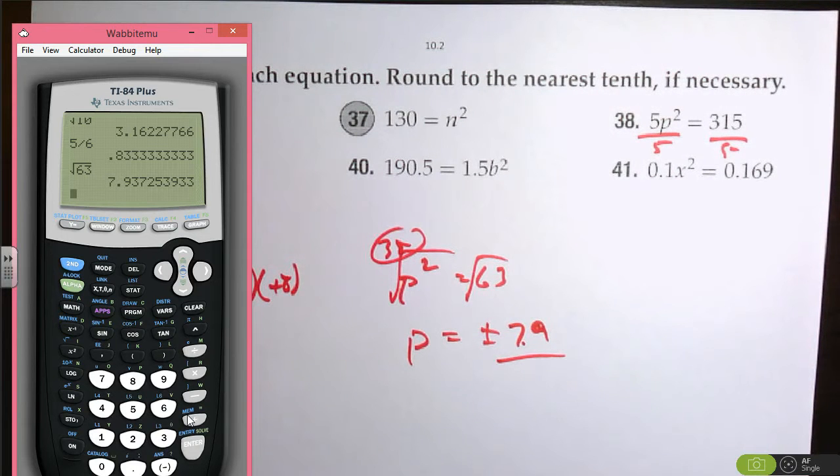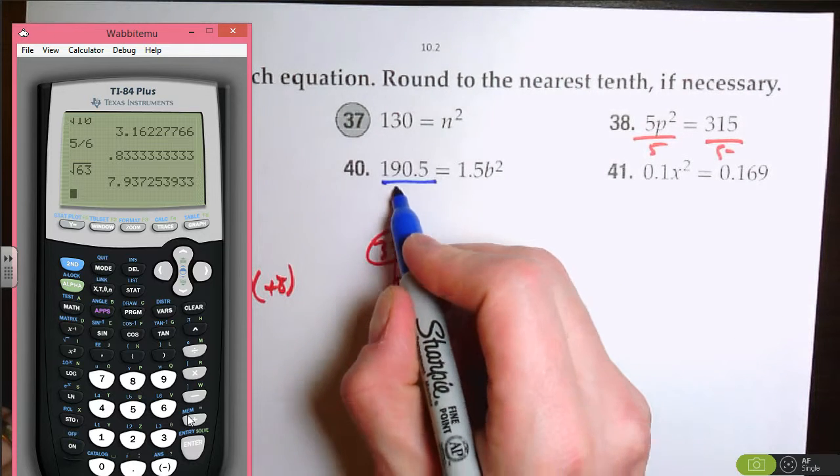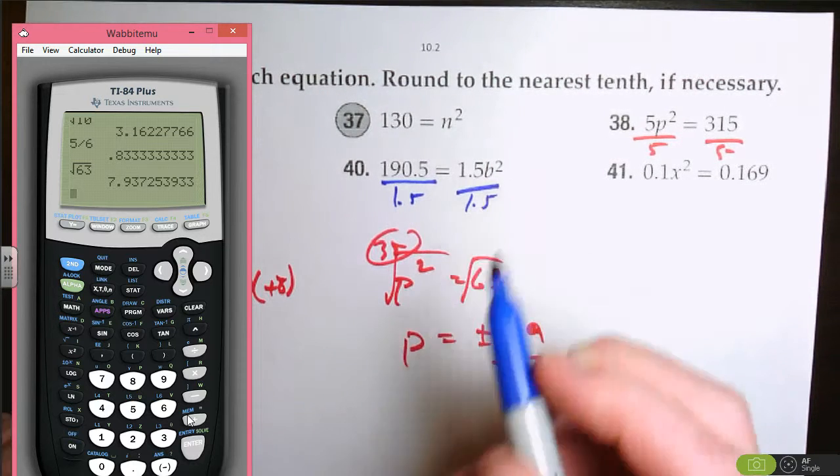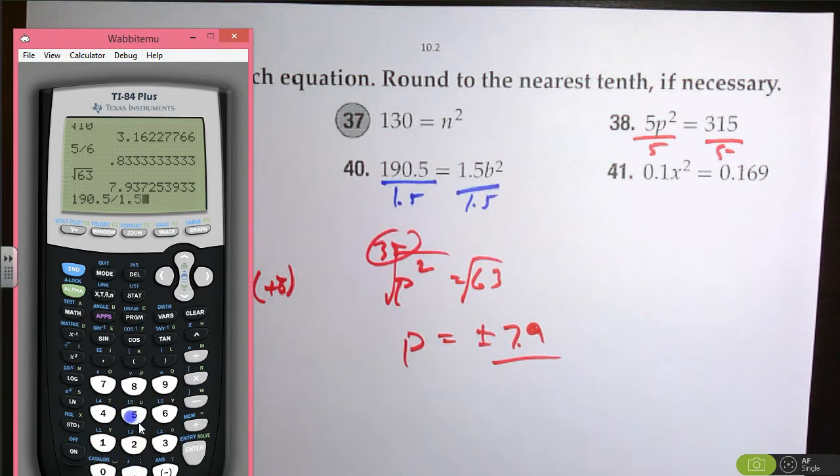And then 40. If we look at that one, same thing. First thing you do in 40 is divide by 1.5. I don't even want to try to pretend like I know what that is off the top of my head. Yeah, 127.